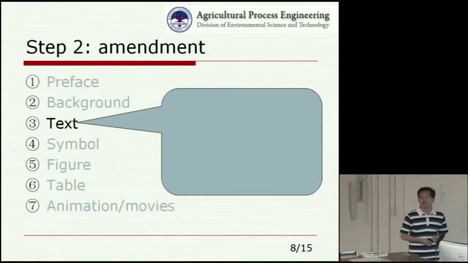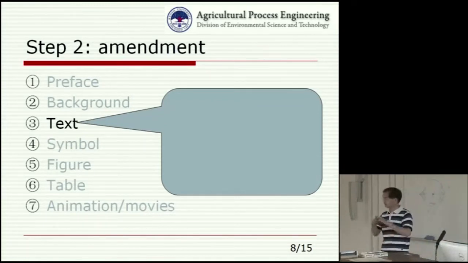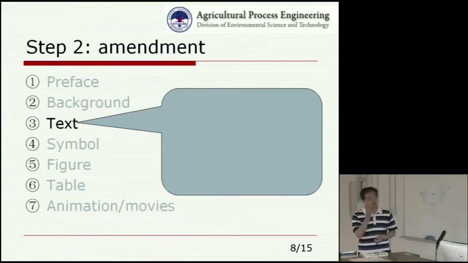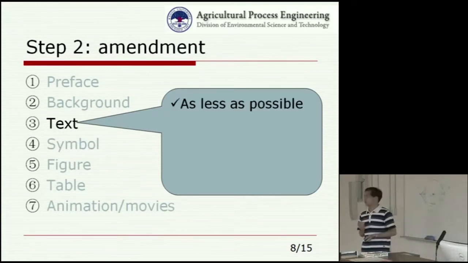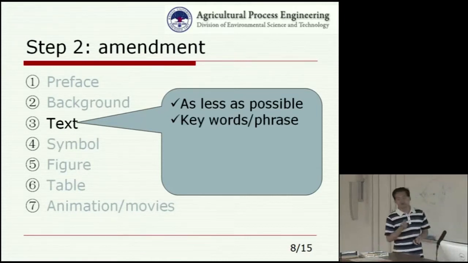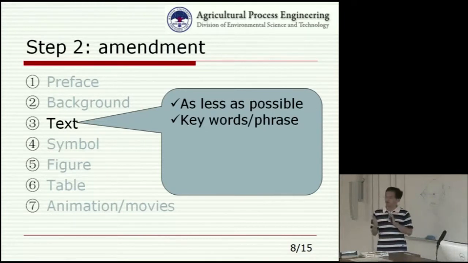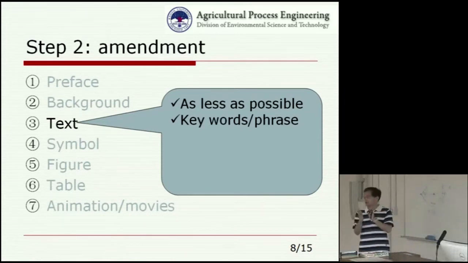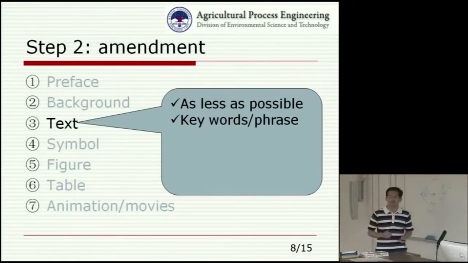About the text, actually text is the most important thing on every slide, but we should use it as little as possible. Do not use too much text in one slide. We use keywords or phrases, not long, complicated sentences. If the text is too long, the size is small, and some people cannot read it.